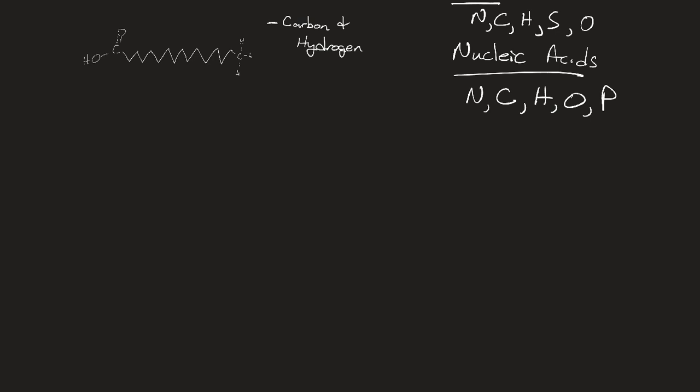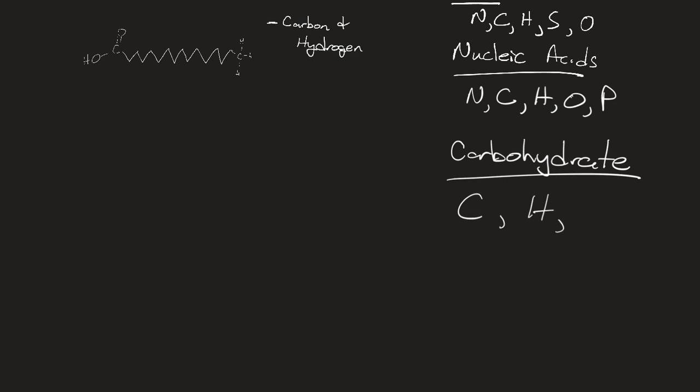A carbohydrate. You're right that it's CHO. But it's not a carbohydrate. Why not? Because it's not just CHO, it's at what ratio? 1 to 2 to 1.